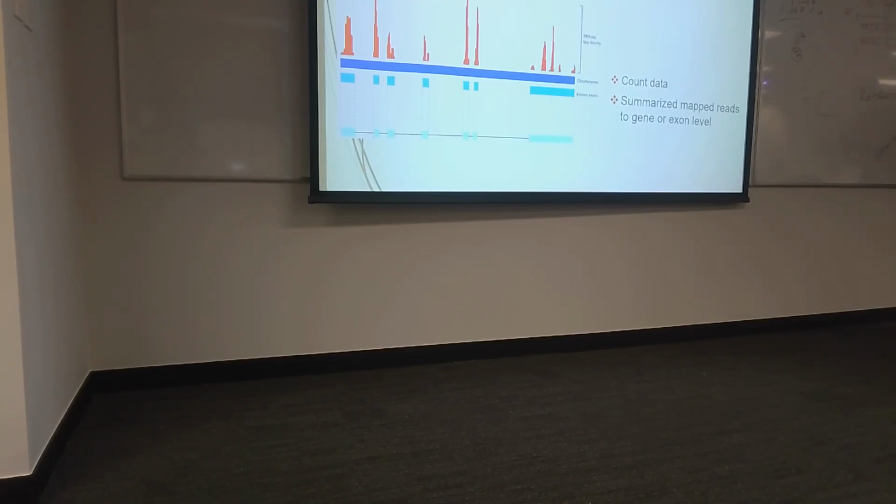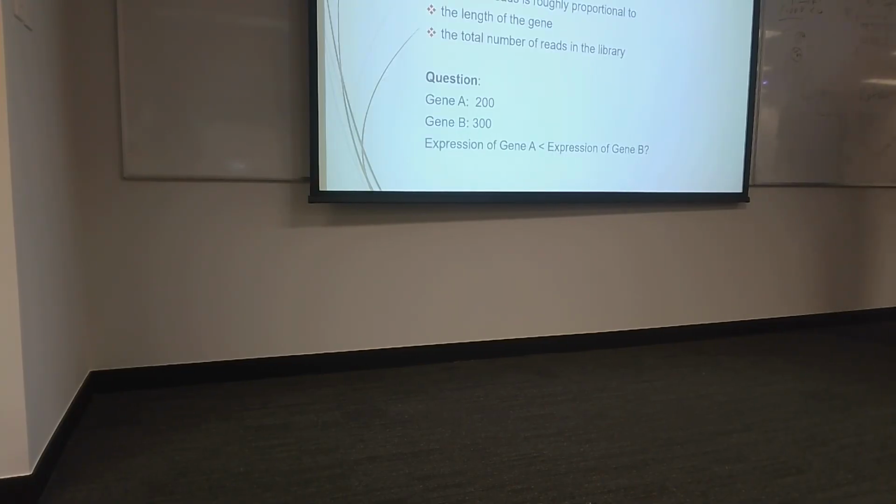This peak is counting how many reads can be mapped to this particular location based on the software I just introduced. So using this file and the different software, you can then calculate the read or the coverage at each location. You're counting the data, you can summarize the mapped reads in each location.